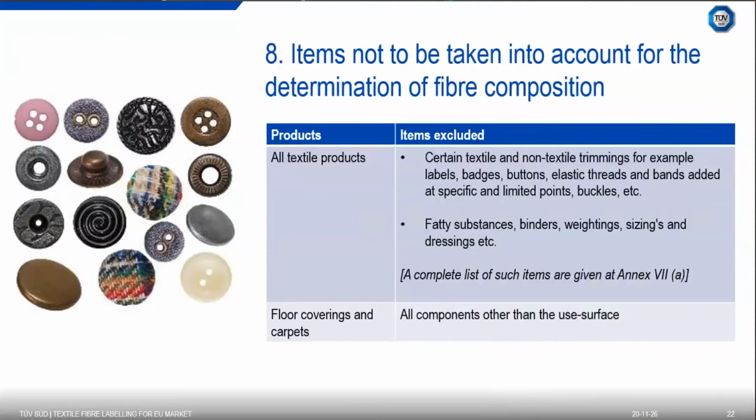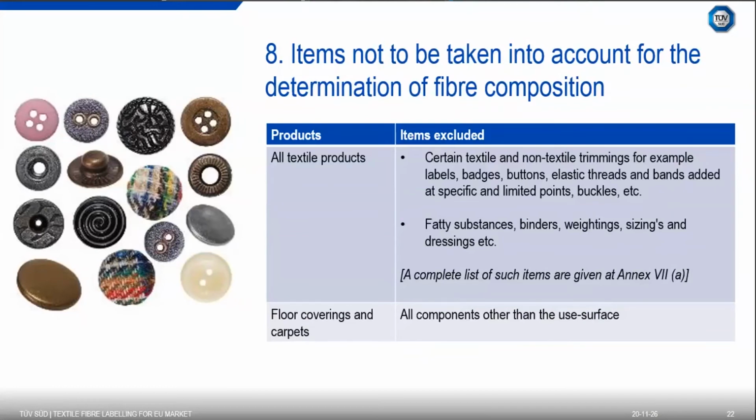Now, in case of other textiles, there are certain components which are used in the product while manufacturing, such as buttons, elastic threads, badges, buckles, also some bands in the waist area. So these kinds of trimmings are not necessary to consider in the textile fiber composition.